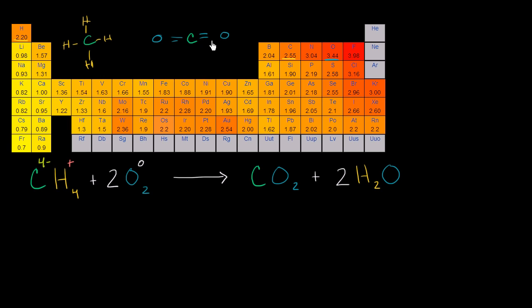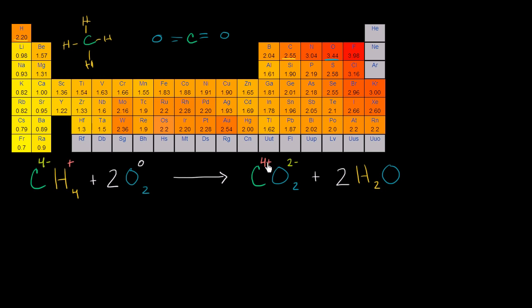So these bonds would all go to the different oxygens. Each oxygen will take 2 electrons from the carbon. The carbon will lose 4 electrons. That gives you a hypothetical positive charge of +4. Each of these oxygens is gaining 2 electrons, so it gives them each a hypothetical charge of -2.